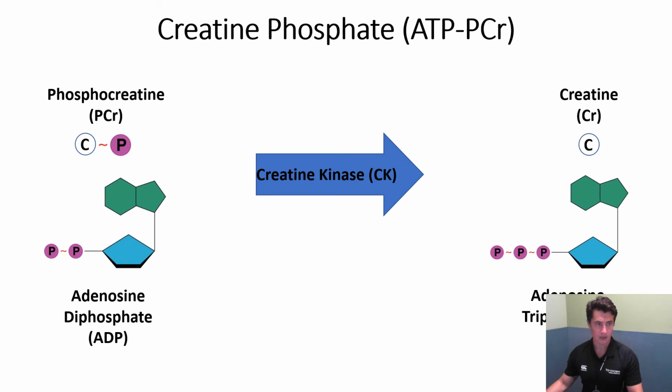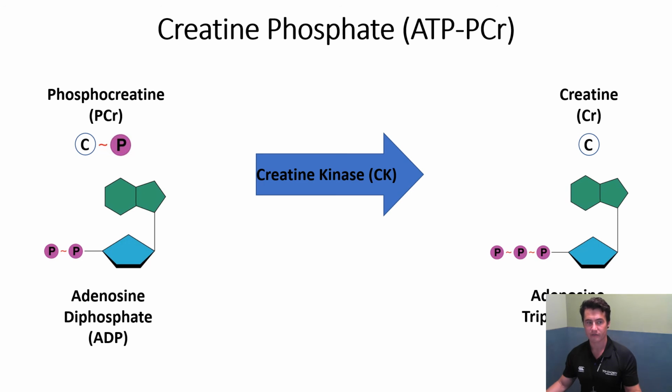It looks like this. On the left, we've got a phosphocreatine or creatine phosphate molecule, C and a P together. Underneath, we have an adenosine diphosphate, so our ADP. Creatine kinase is a type of enzyme that will help this process happen, where we split off a phosphate from the creatine, and we now have creatine by itself, and we have ATP.